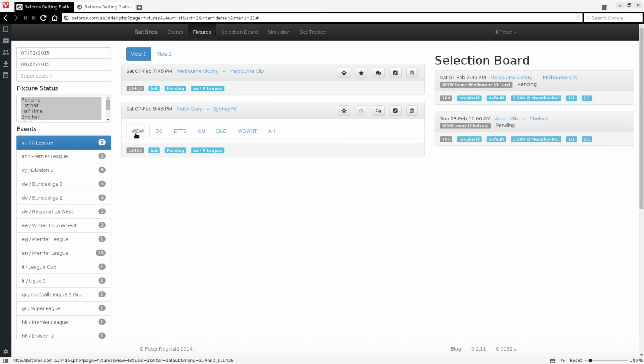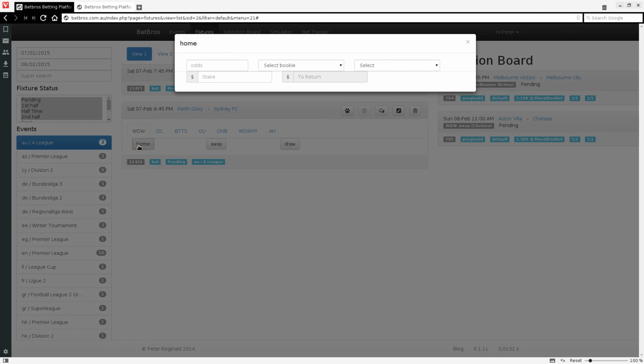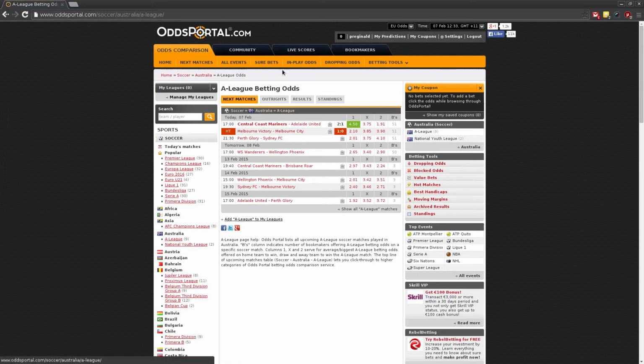So let's say we could do a selection for Perth Glory to win. What is Perth Glory to win? Let me just quickly check Odds Portal right now. In fact, I might just bring this across. Okay, Sydney FC, Perth Glory.